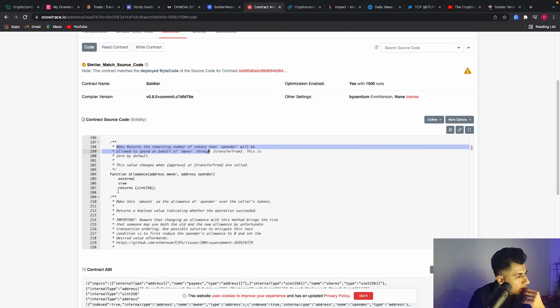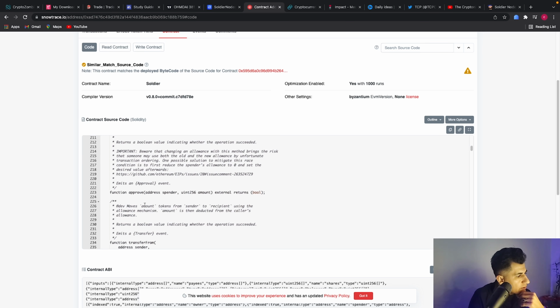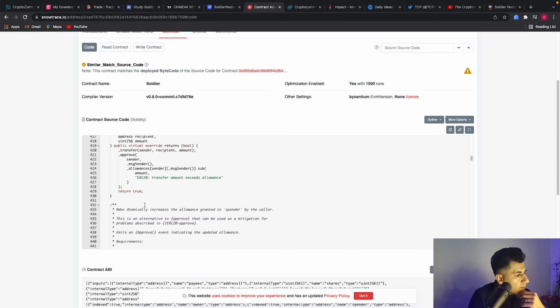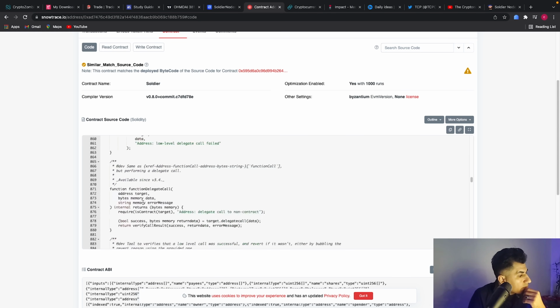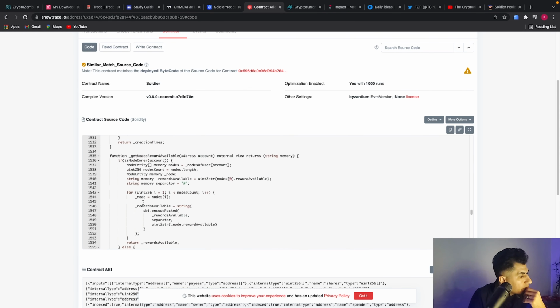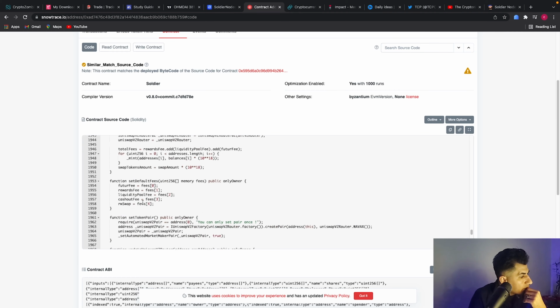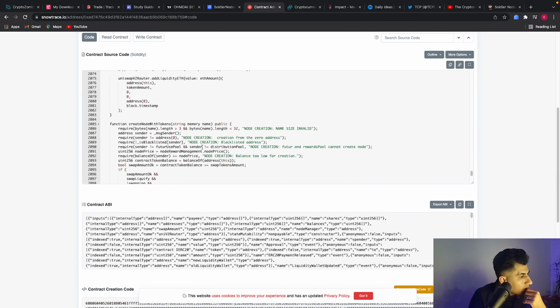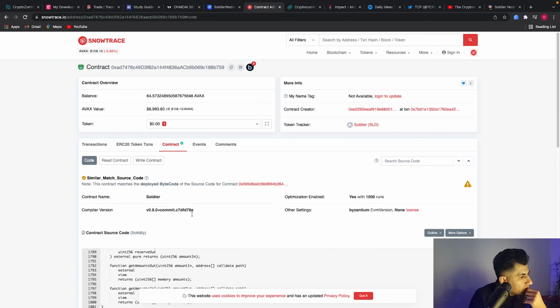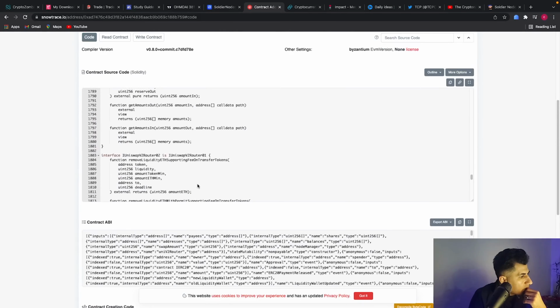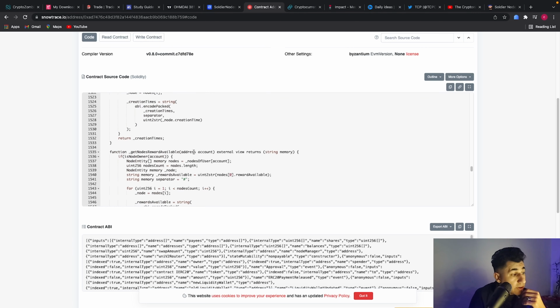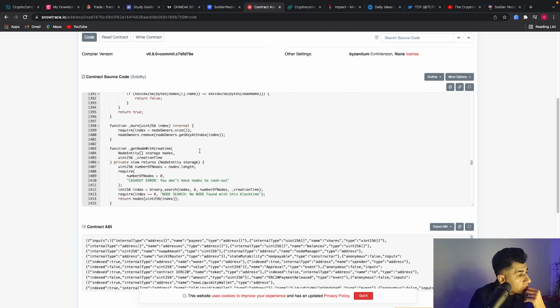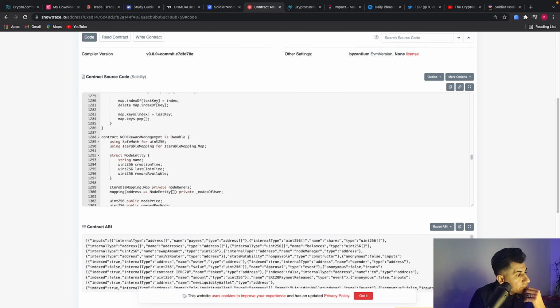This value changes when approve transactions are called. All right, so they have a pretty large contract, which is basically another copy, but much more simplistic, by the way. Don't be fooled by the amount of lines here.